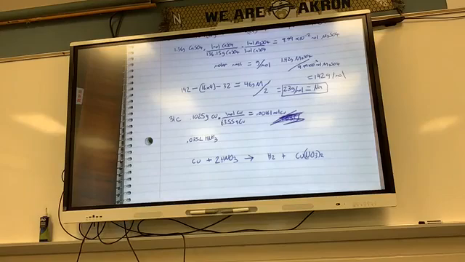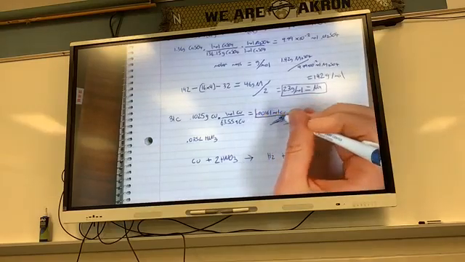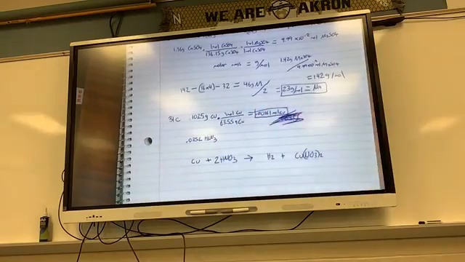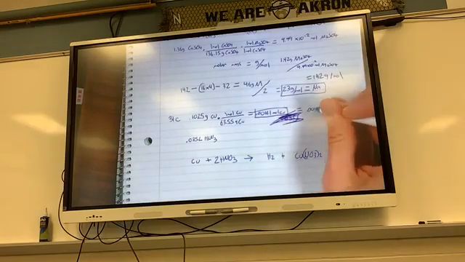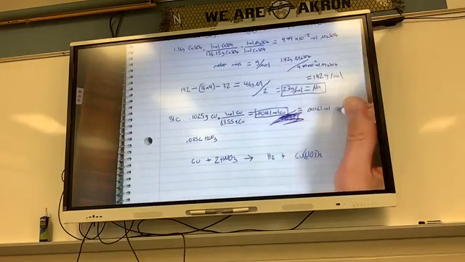So, I have moles of copper. Are we good with that? This would also be equal to 0.00161 moles of Cu2+.